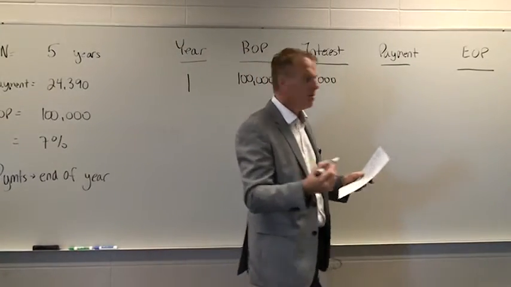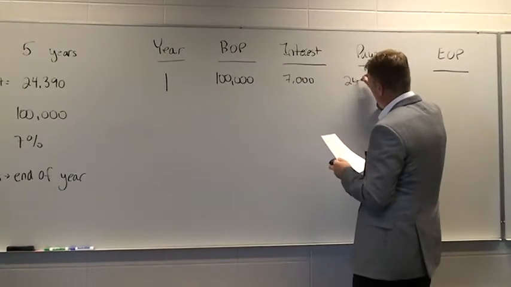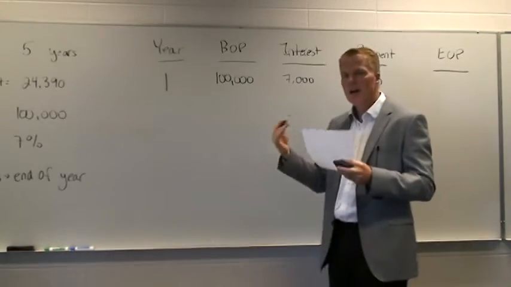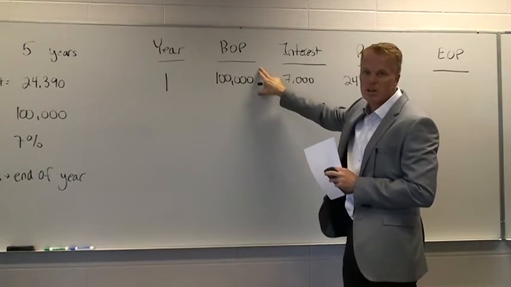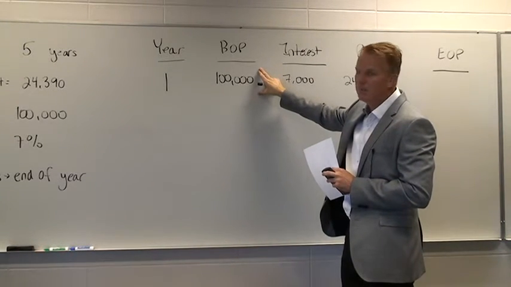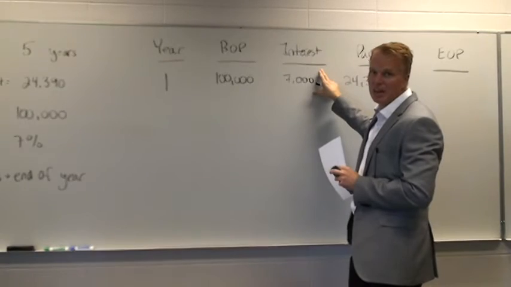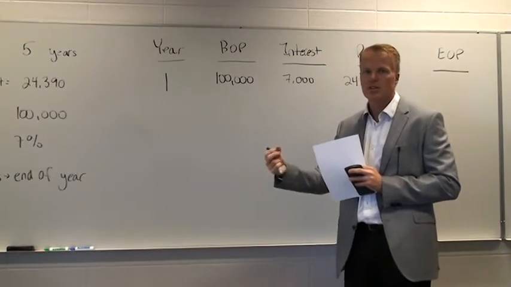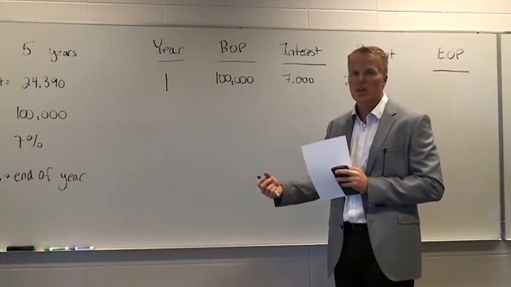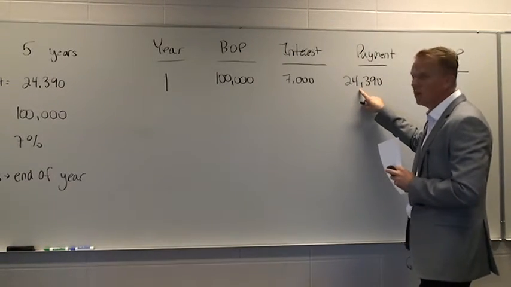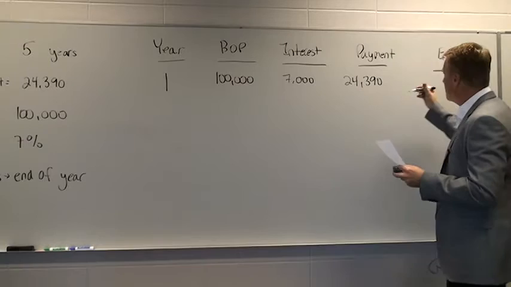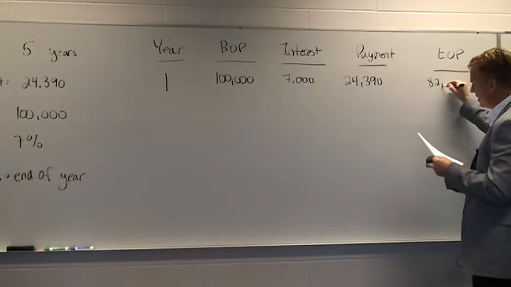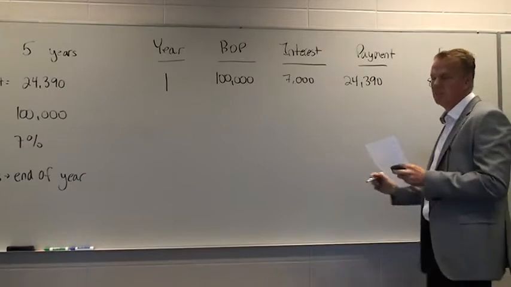At the end of the year, we make a payment of $24,390. So we have a $100,000 liability at the beginning of the year, and a $7,000 interest liability accumulates, so now we owe $107,000. We make a payment of $24,390, and therefore our end of period balance is $82,610.